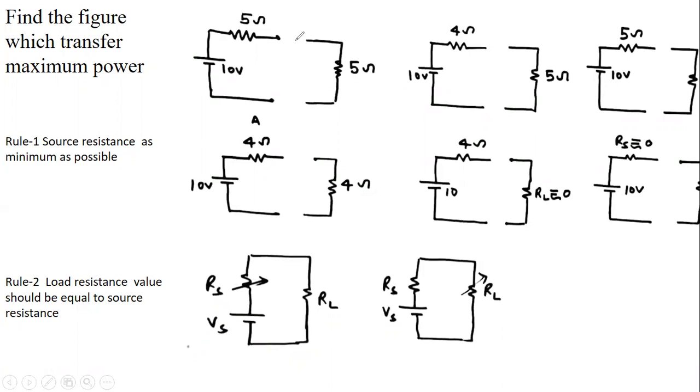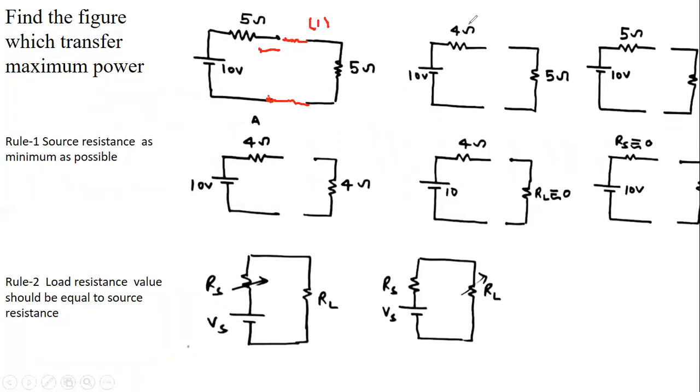Suppose this 5 ohm is connected to this 5 ohm. As we have already studied, and we will also discuss here, when the load resistance is equal to the source resistance, then maximum power is transferred from source to load. So this is the first circuit.